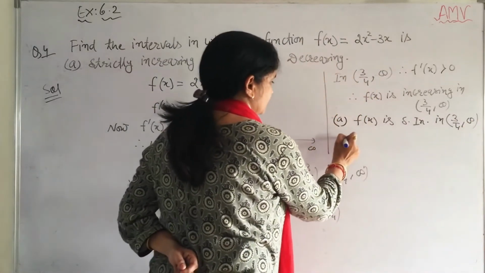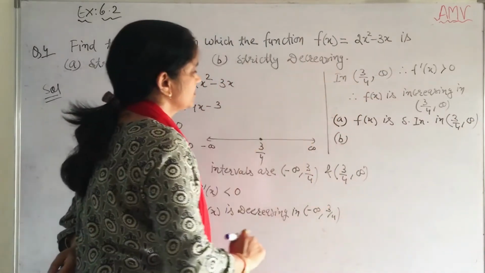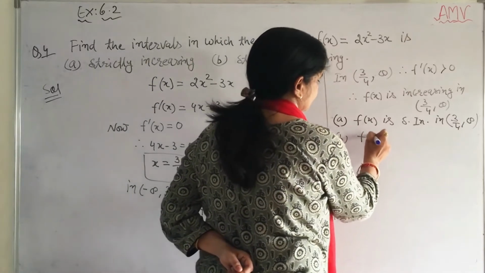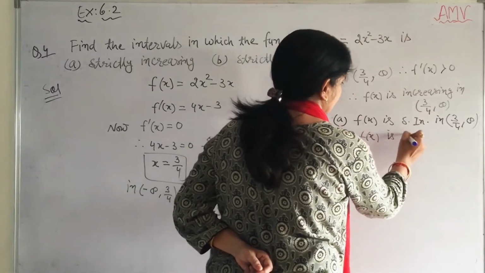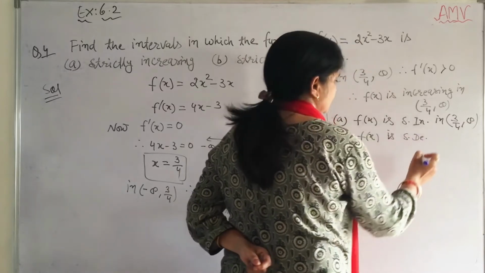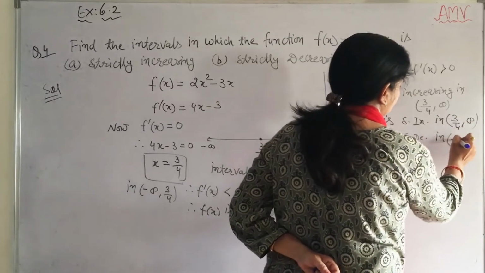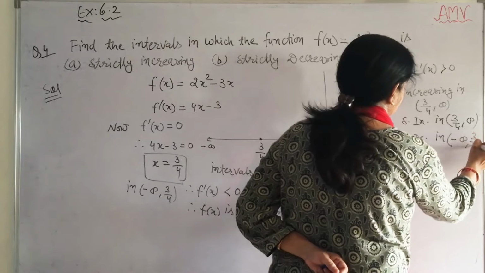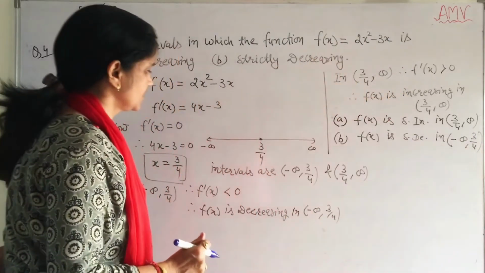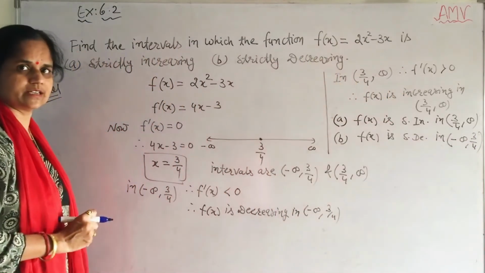And the answer of part B: f(x) is strictly decreasing in the interval minus infinity to 3 by 4. Okay students, let's move to the next question.